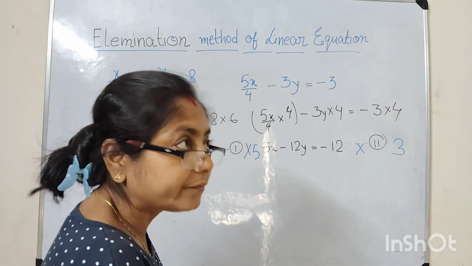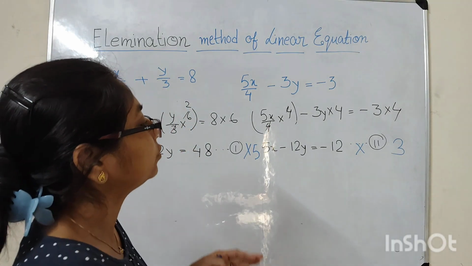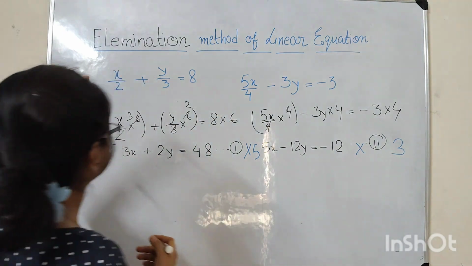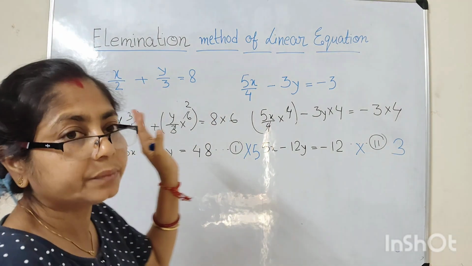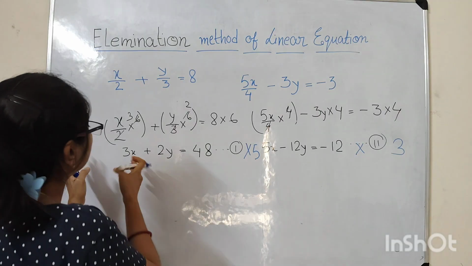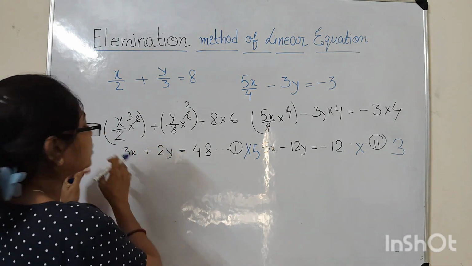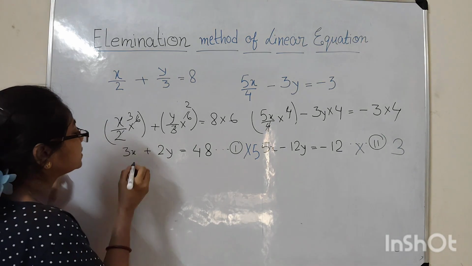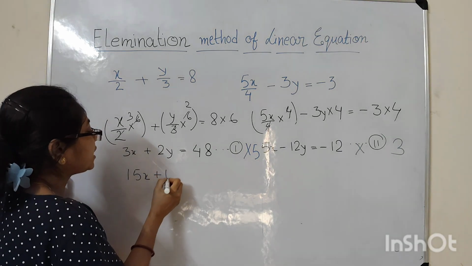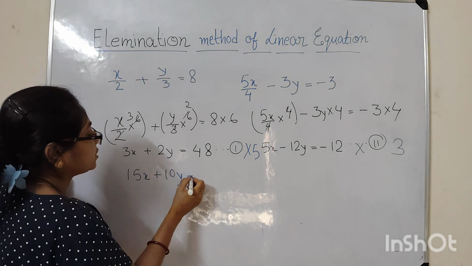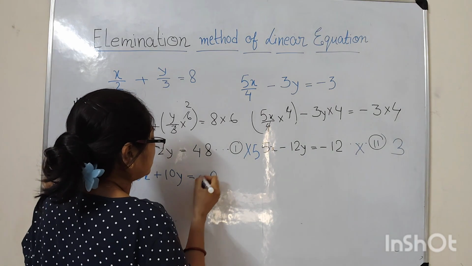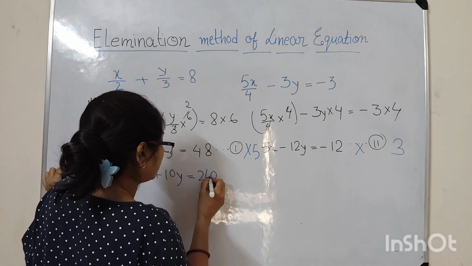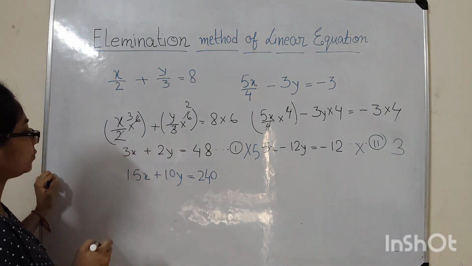What I told in the previous math? You do crosswise multiplication. The number before x in the first equation, the same thing you multiply. So 15x plus 10y equals 240.